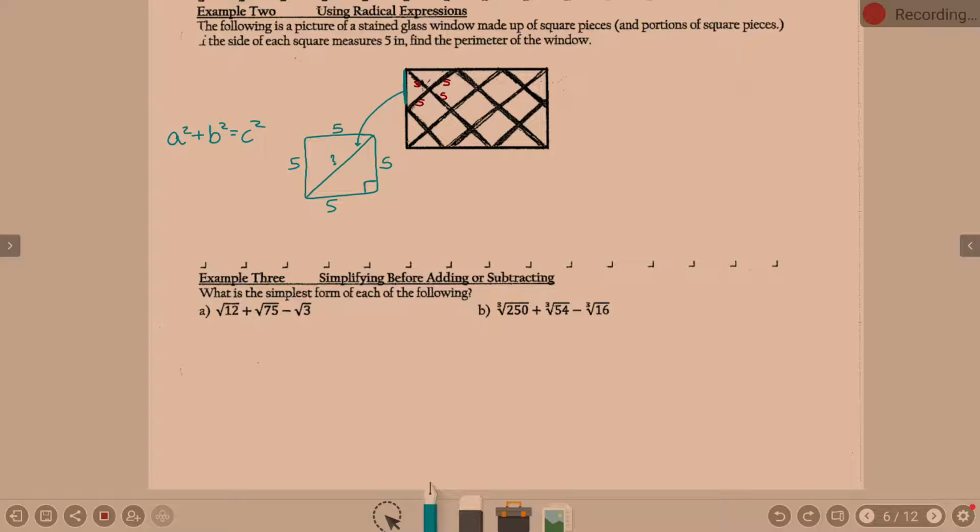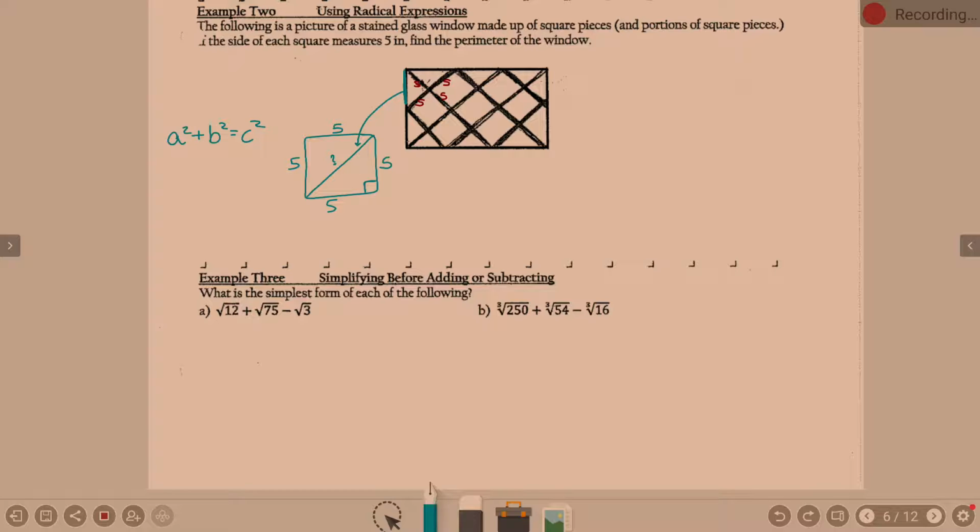Hey guys, what do you remember about the Pythagorean theorem? A and B are the sides, the legs of the right triangle. Is this coming back to us at all? How do I know which are A and B? They are the two sides that are the shortest.